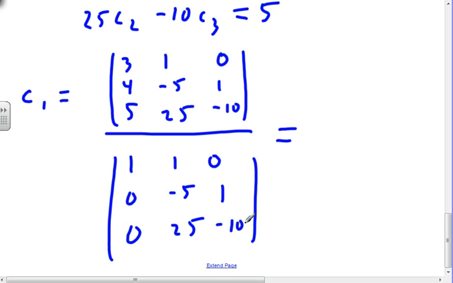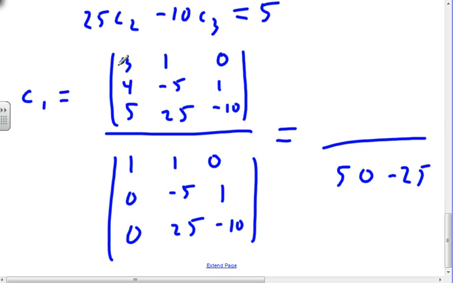We'll do the bottom pair first: 50 minus 25. So on the bottom I got a 25.